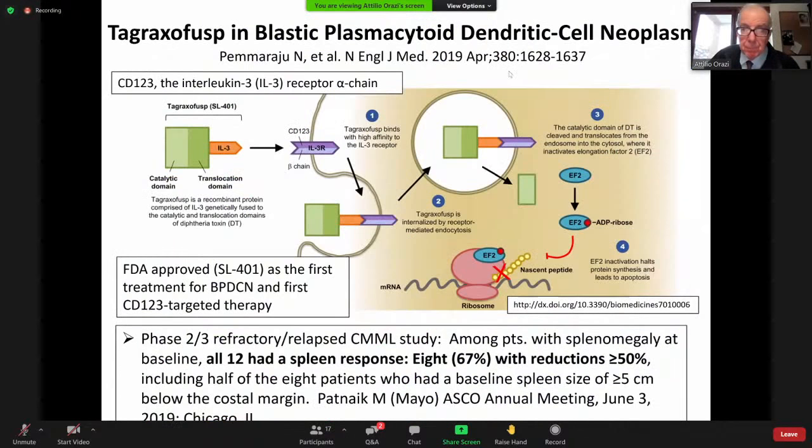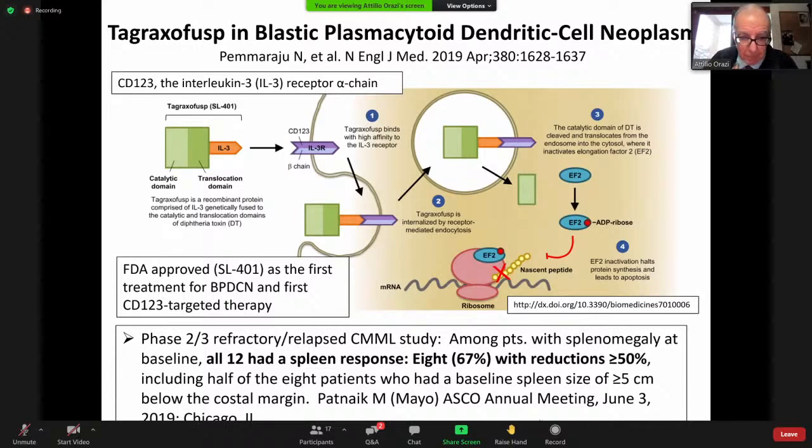Okay, now there is this partial differentiation in those cells in CMML. As a matter of fact, CMML seems to respond to therapy with tagraxofusp, which is a CD123 antibody attached to, I think, a toxin. It is an interesting compound.